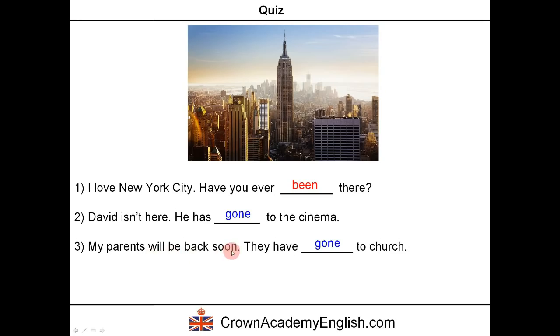If they will be back soon, that means that they are not here. They are somewhere else. So if they're somewhere else, that means that they have gone somewhere, doesn't it? They have travelled somewhere and they have not returned. So they have gone to church. It's an incomplete visit. Okay?